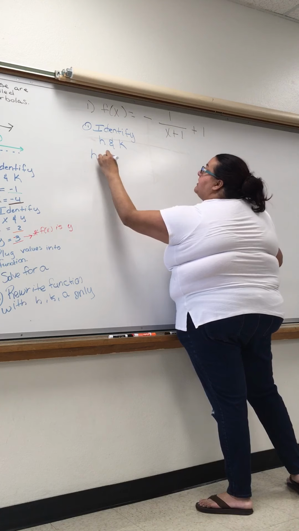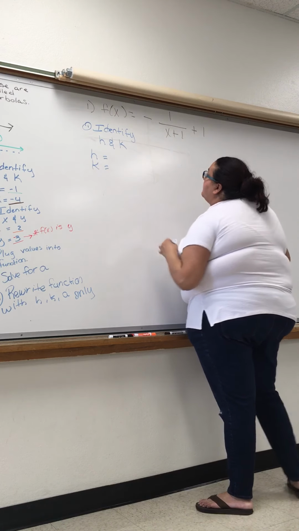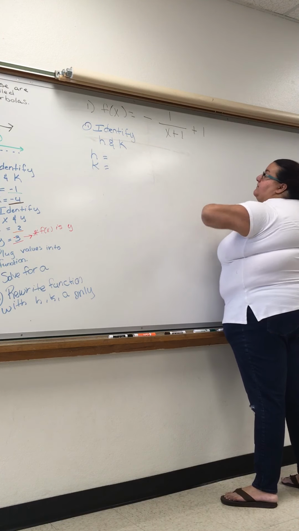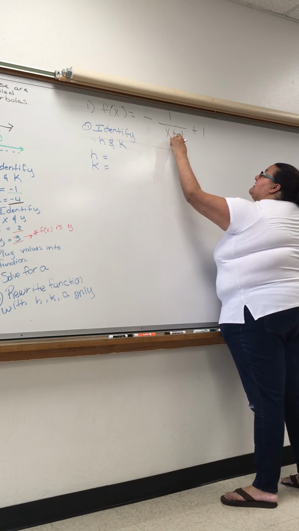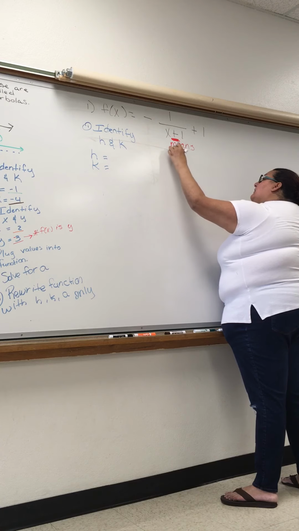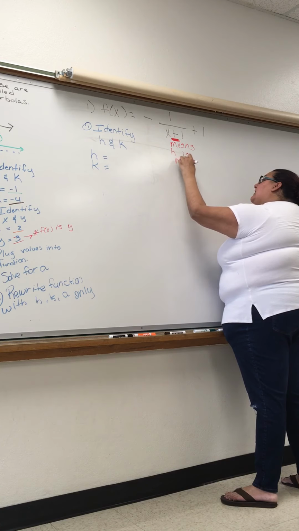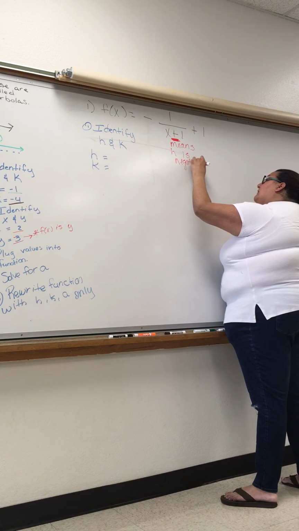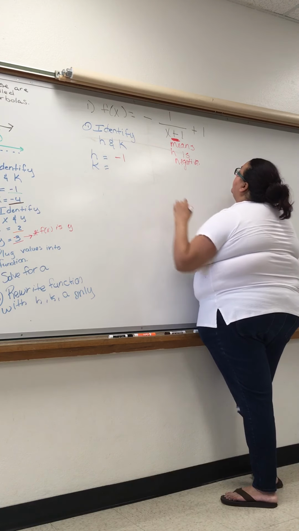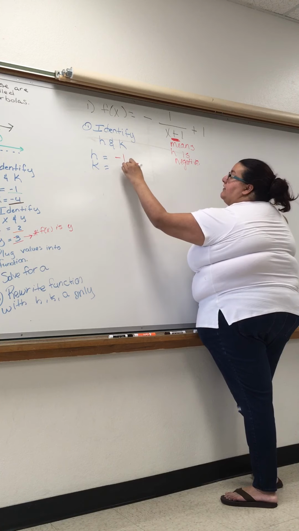So h equals and k equals. Notice that this is x plus 1, so h is negative. Okay, so h is equal to negative 1, k is equal to positive 1.